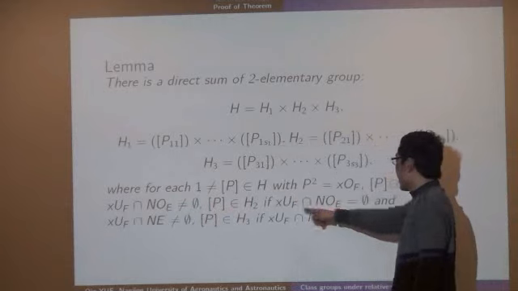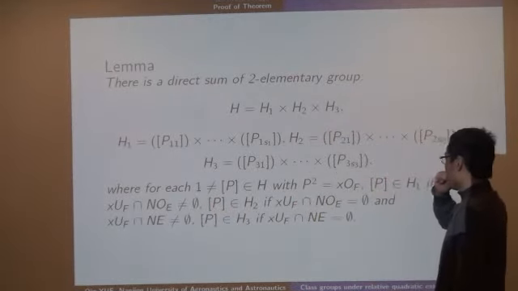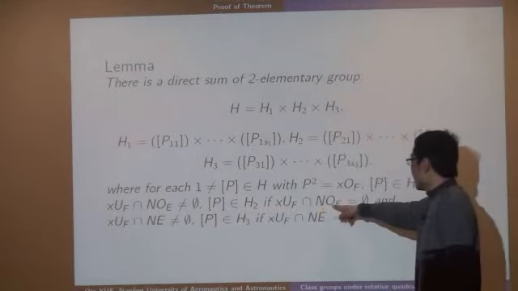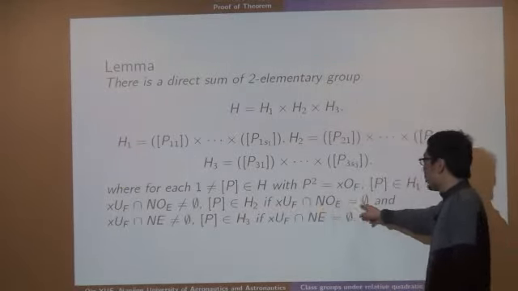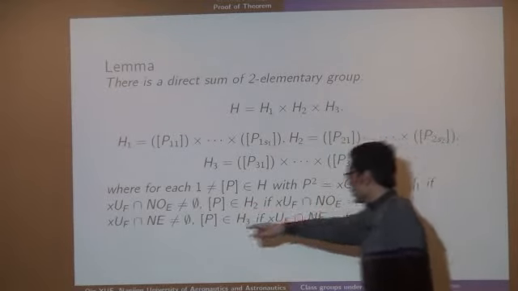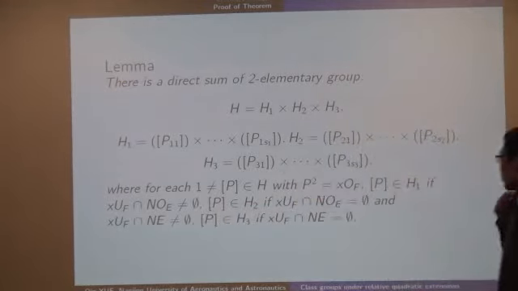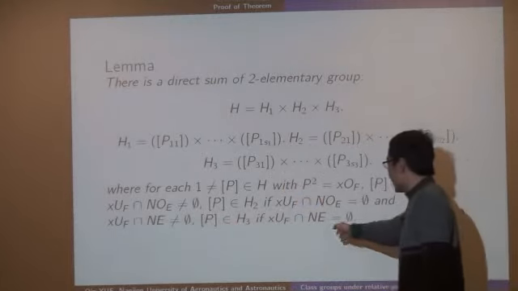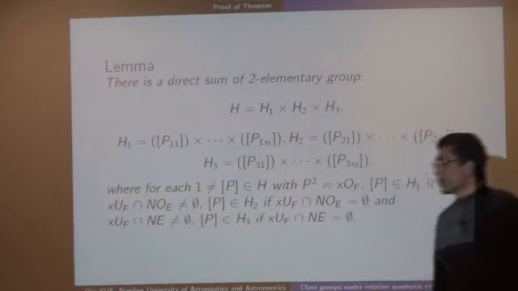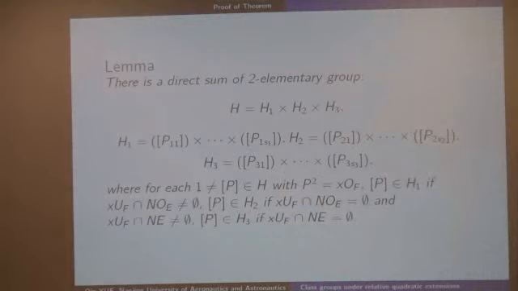This one, if OE norm is non-empty, is put in H2. Also this is empty, put in H3. This is the key. Also you need this, where we can lift H1, H2, H3 into the CE two Sylow group.